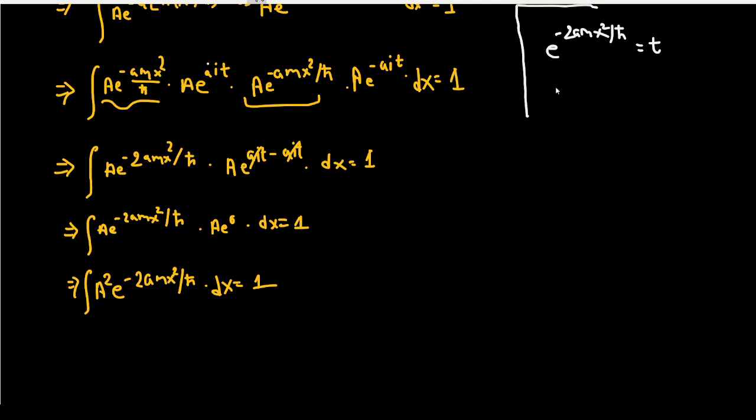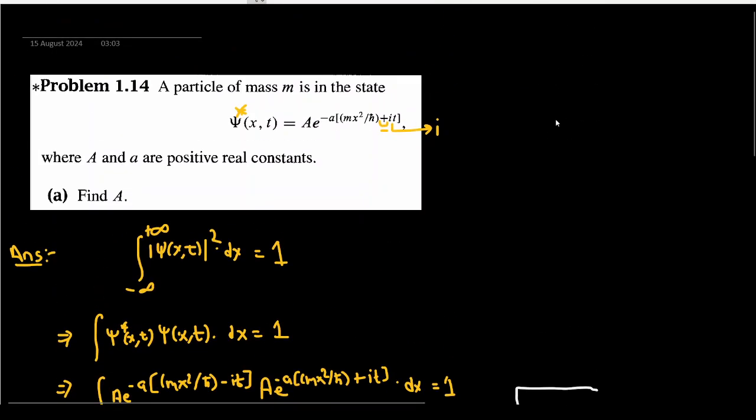Do the differentiation on both sides with respect to x. What you will find is that by the chain rule, which we are applying here, we get minus 4a m x squared.